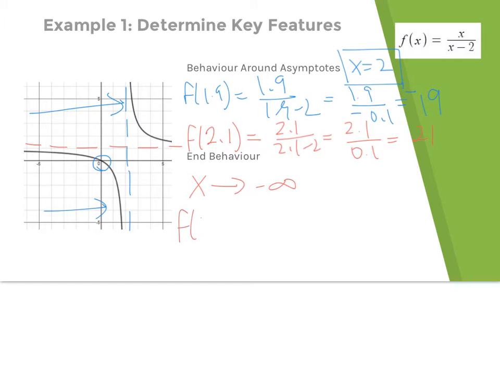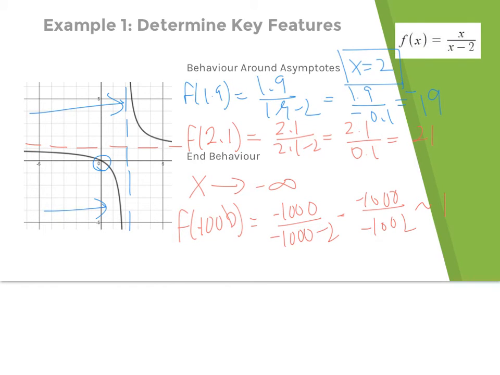So f at negative 1,000 equals negative 1,000 over negative 1,000 minus 2, which equals negative 1,000 over negative 1,002. That number is fairly close to 1, and of course, the larger we get, the closer it gets to 1. That's why we have a horizontal asymptote at y equals 1.